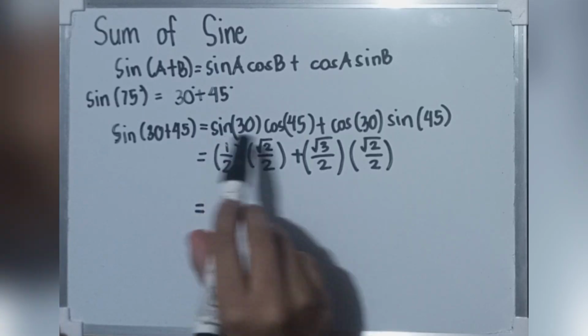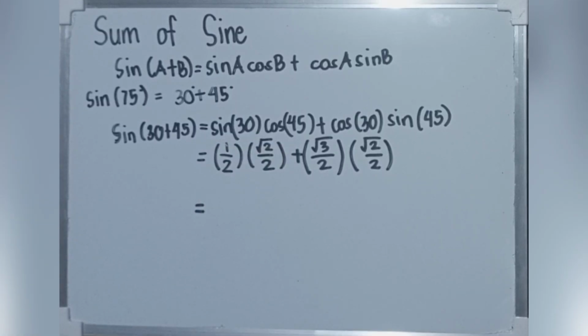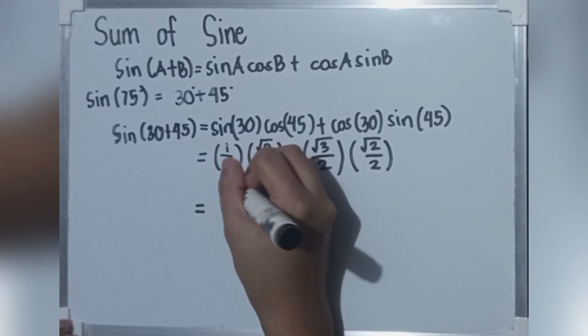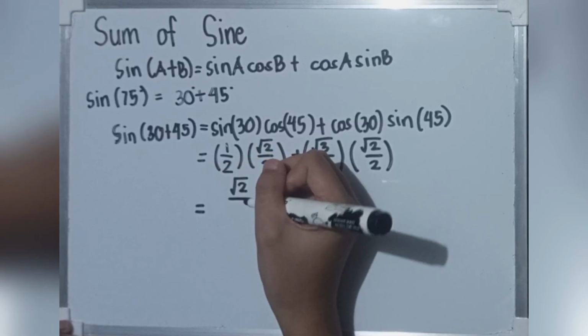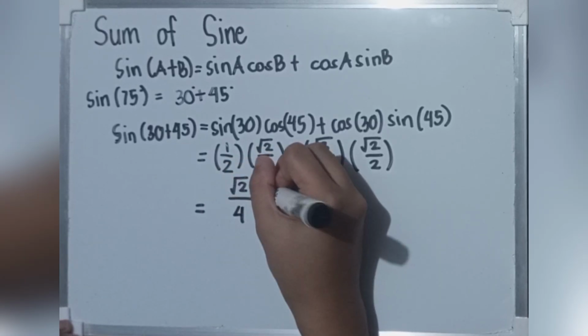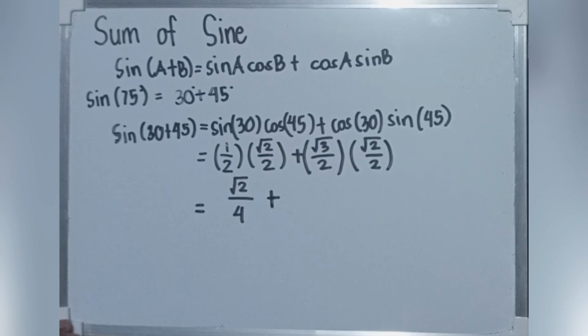So then let's multiply it. 1 times square root of 2 is square root of 2. So next is the denominator. 2 times 2 equals 4.